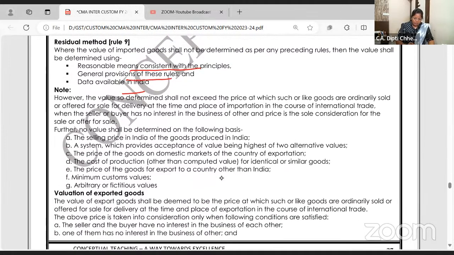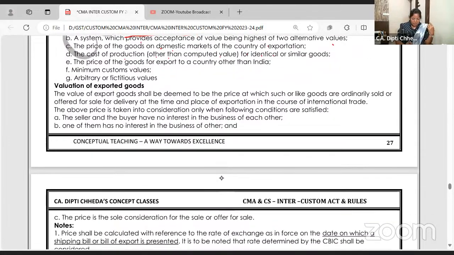Okay, but no value shall be determined on the following basis: selling price in India of the goods which are produced in India. Only imported goods' selling price you can take and go reverse the way I went in the last 5 minutes. Otherwise you cannot. A system which proves acceptance of the value being highest of two values. Price of goods on domestic market of the country of the exporter. So these are the constraints. If they are given, don't take this value.